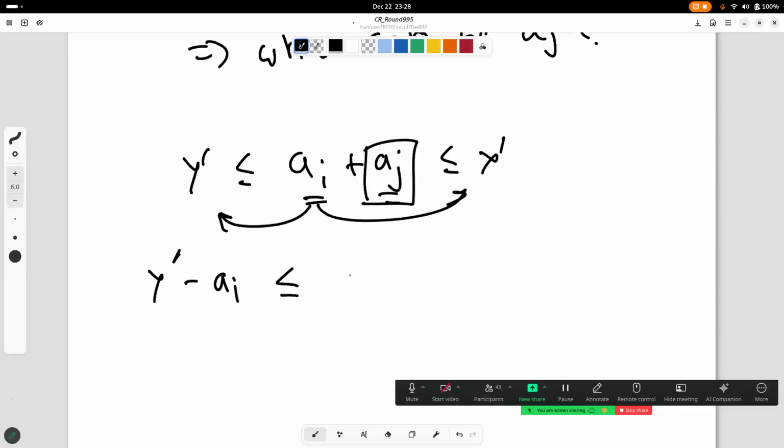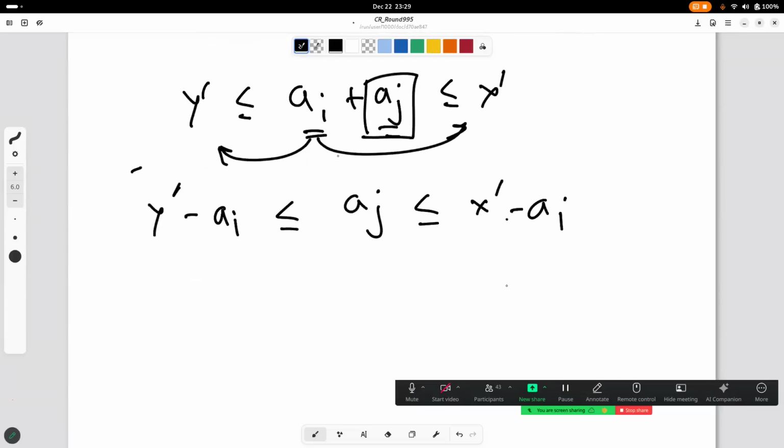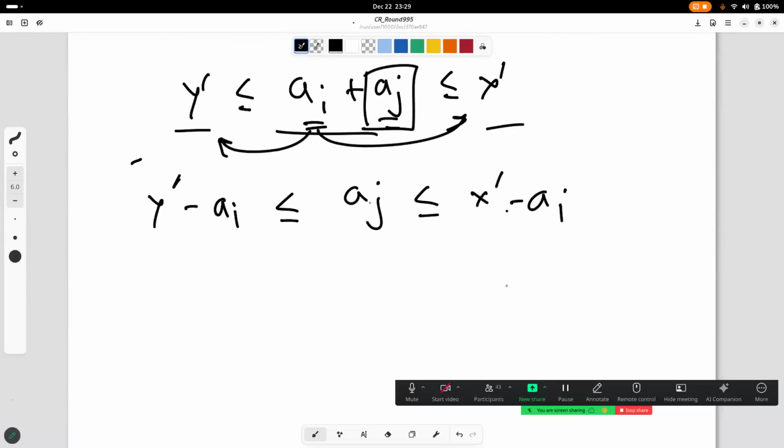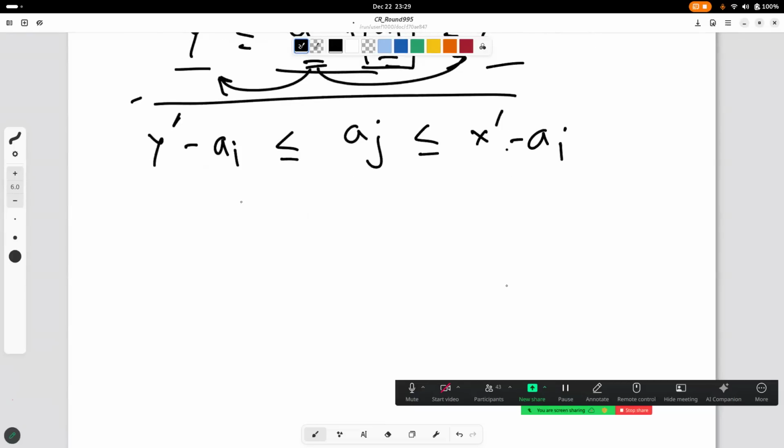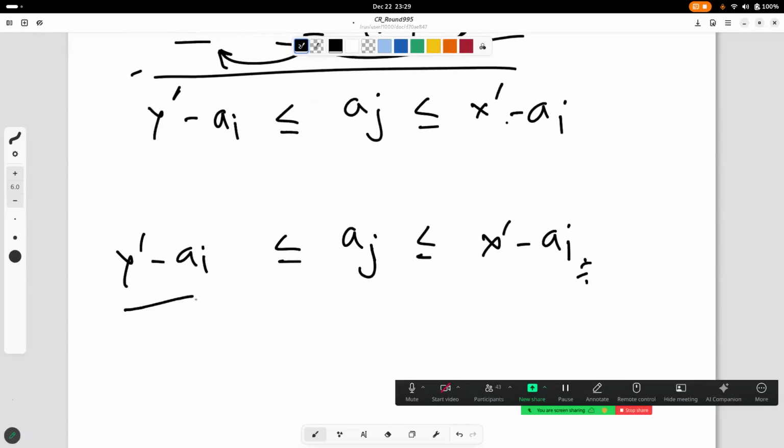If you subtract a of i on all three sides, what you would have is a of j is greater than or equal to y dash minus a of i, and less than or equal to x dash minus a of i. Basically, we are subtracting a of i in all three terms. So a of j has a range within which it can lie. For this a of i, a of j can lie within this range.